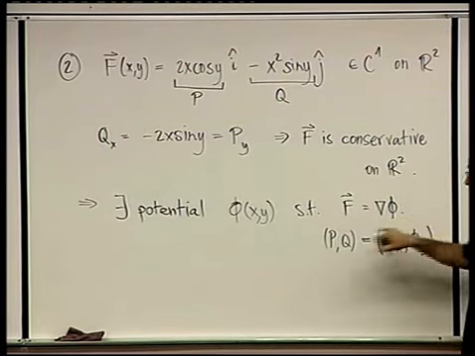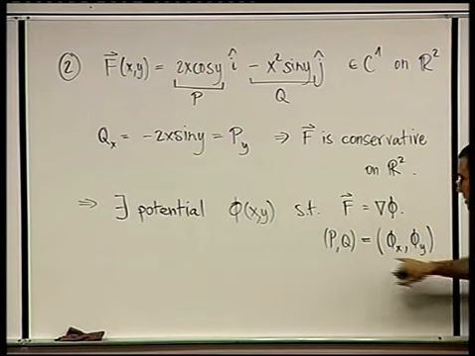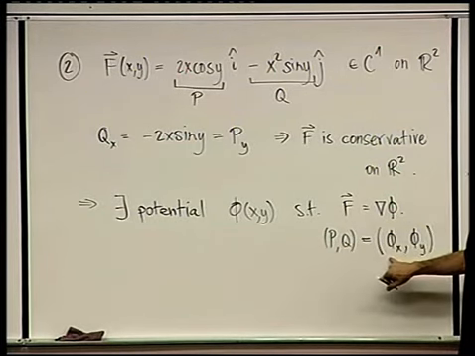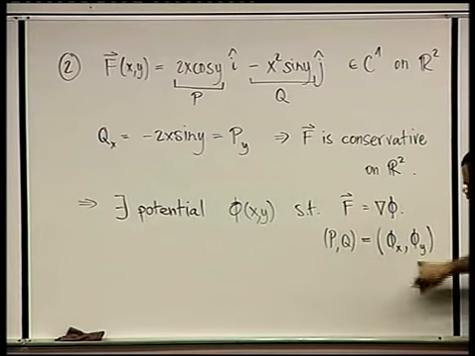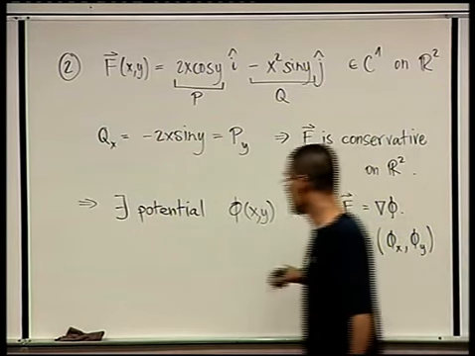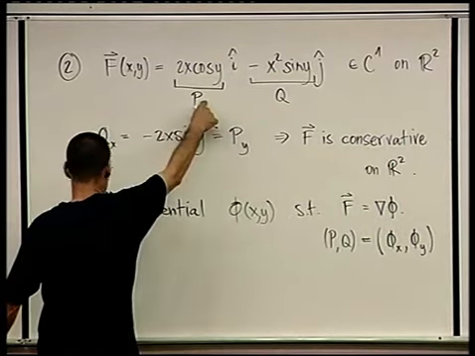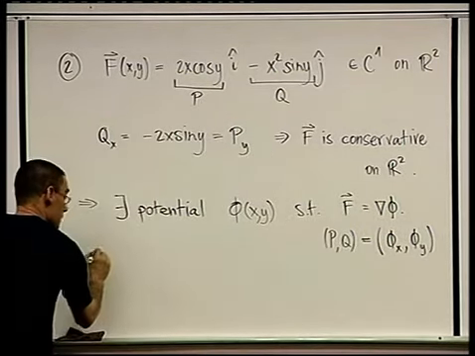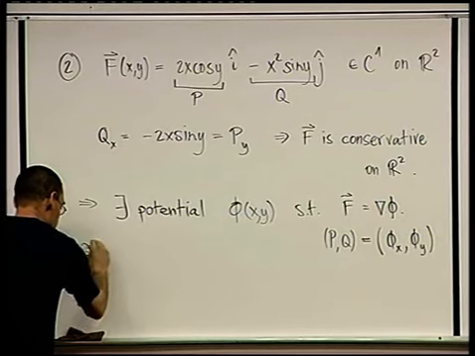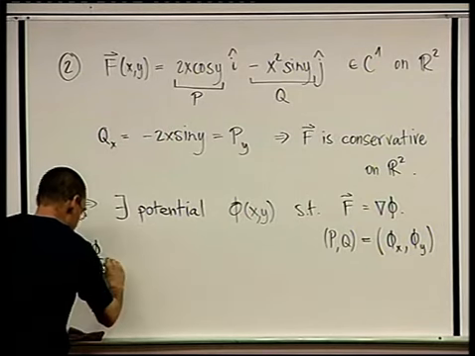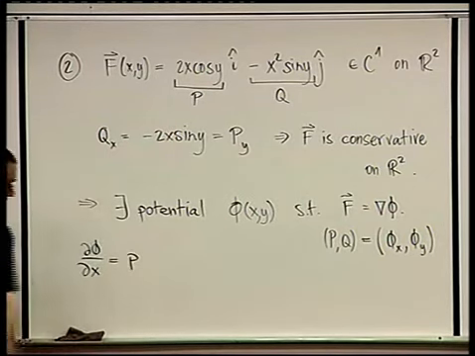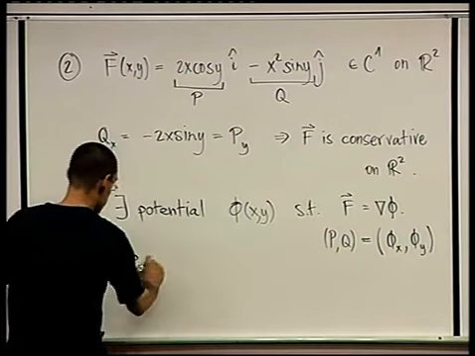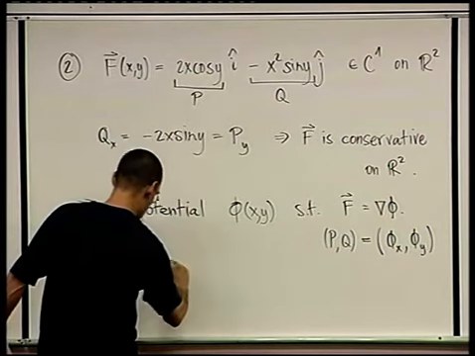So saying that f is the gradient of phi means that p is the derivative of phi with respect to x, and q is the derivative of phi with respect to y. Right? Okay. What is p? This is p. So d phi to dx has to be equal to p. That's the statement that f is the gradient of phi. What is p? P is 2x cosine y.